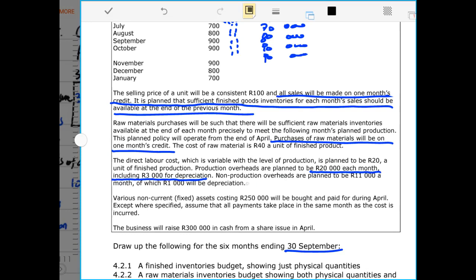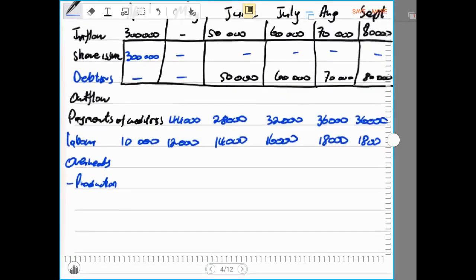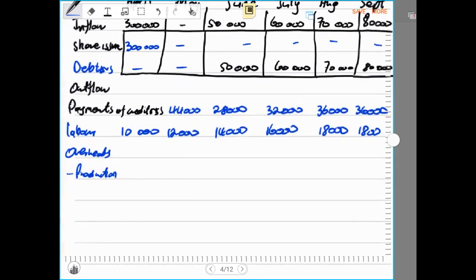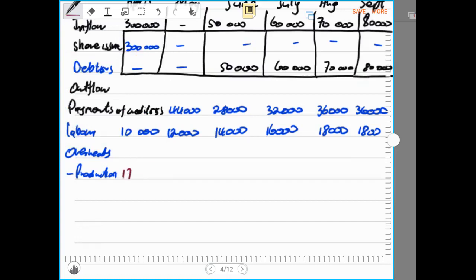So 20,000 rands less 3,000 of depreciation gives us 17,000 throughout the months up to the end of September. Therefore we record 17,000 rands in each month.